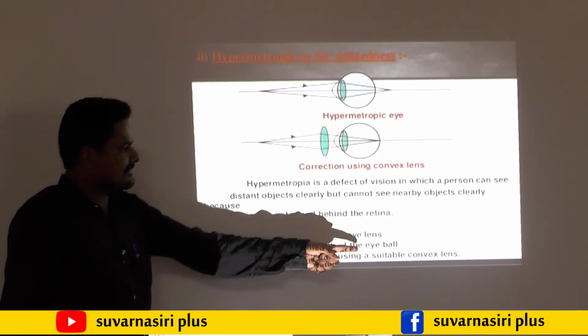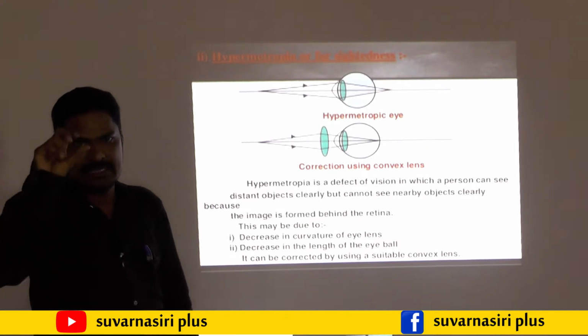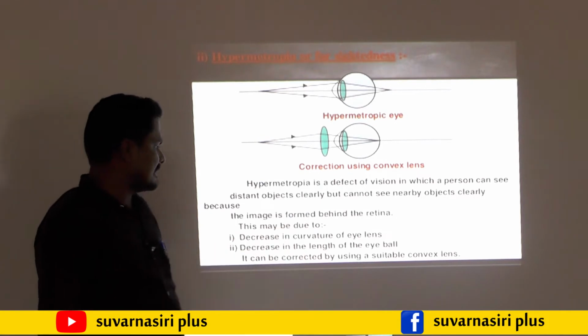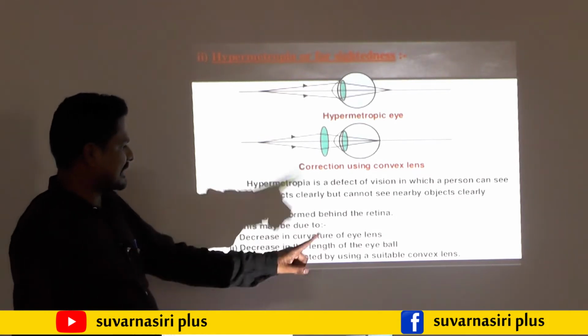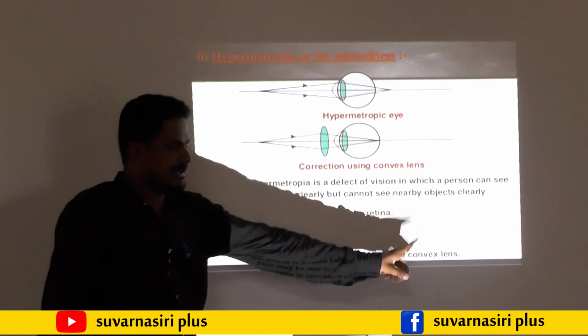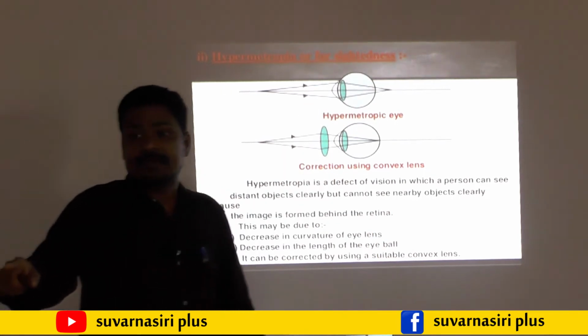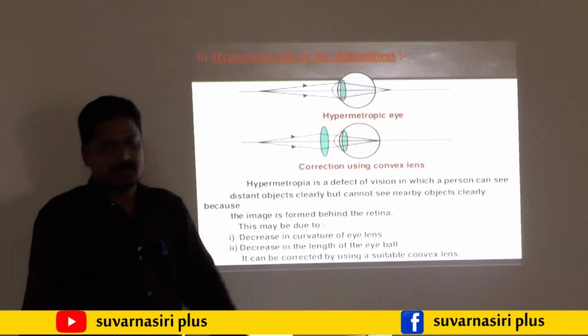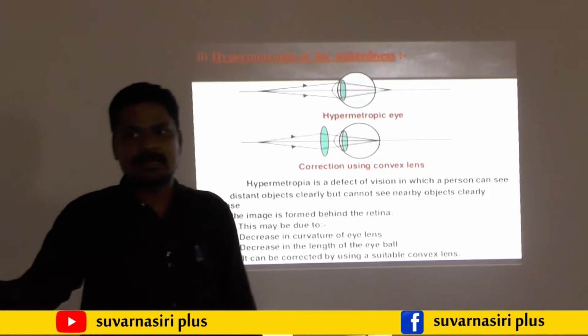Another cause is a decrease in the length of the eyeball; the eyeball becomes very small. It can be corrected by using a suitable power of convex lens. So we just have to learn that hypermetropia is also called farsightedness.